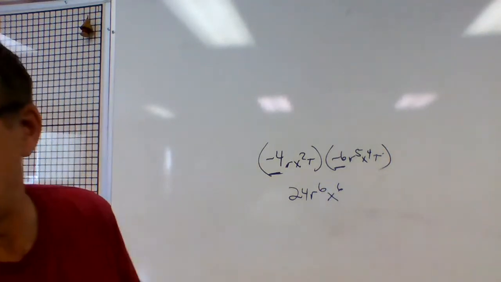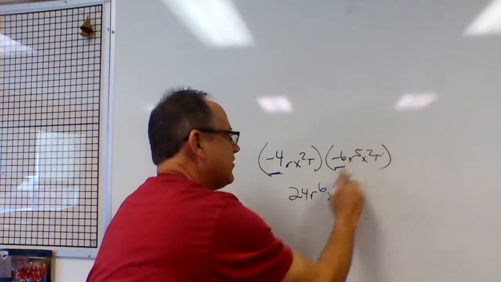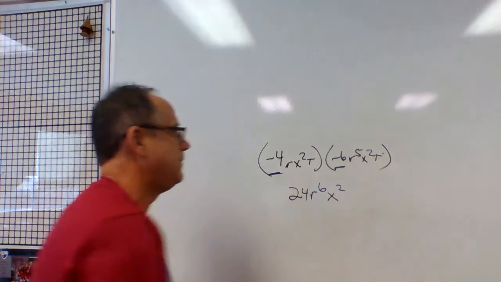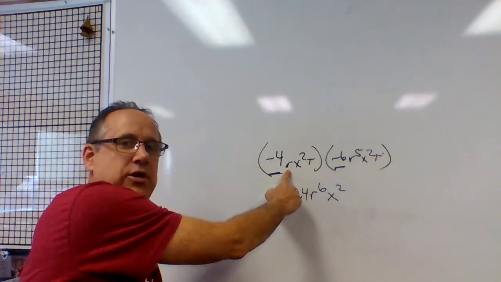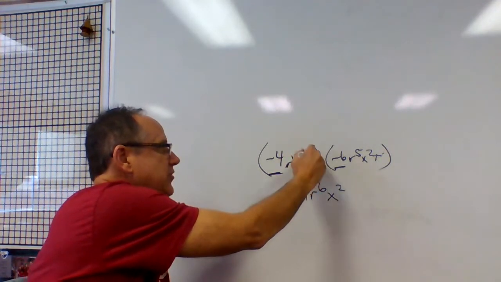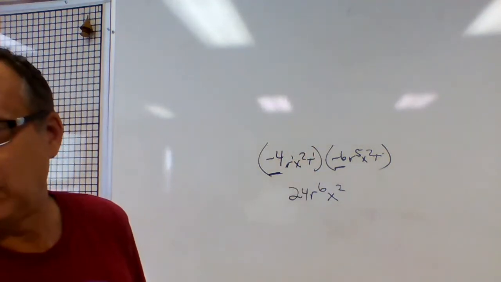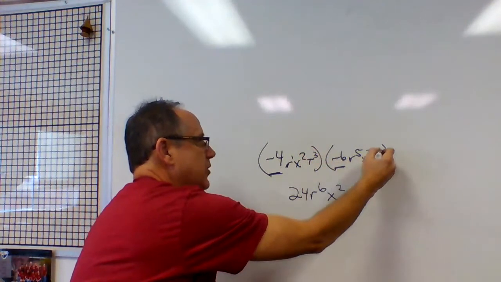Oh, I wrote that wrong. That should have been x squared here. I'm sorry. Remember, when we have a standalone variable, what's the exponent with this? 1. What's the exponent with this? 1. And the exponent here is going to be 1.